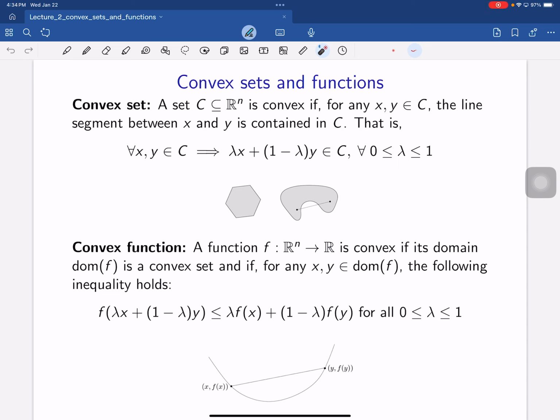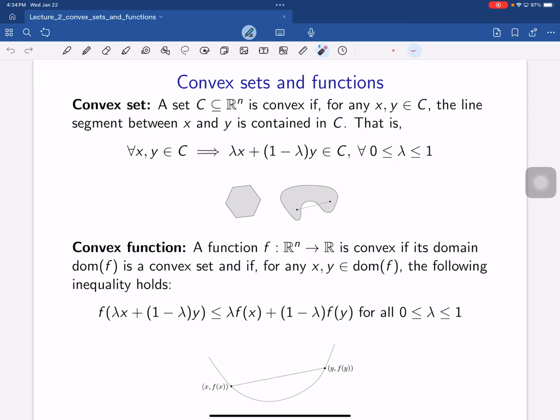For any two points you pick from the set C, the line segment is also in C. The line segment can be denoted as lambda x plus (1 minus lambda) y, where lambda is from 0 to 1. Here, this set is clearly a convex set: pick any two points in this set, draw a line segment, and the line segment is also in the set. But if you pick this set and these two points, the whole line segment is not always in the set, so this set is not a convex set.